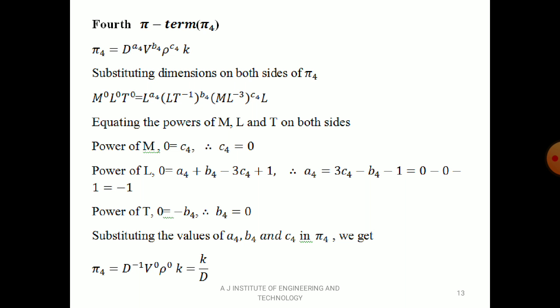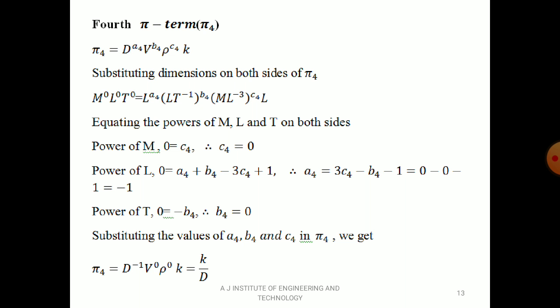Then equating the power of L: L to the power 0 on left hand side, L to the power a4, L to the power b4, L to the power minus 3 c4 and L on right hand side. So 0 equal to a4 plus b4 minus 3c4 plus 1. Then equating the power of T, T to the power 0 on left hand side, T to the power minus b4 on right hand side.